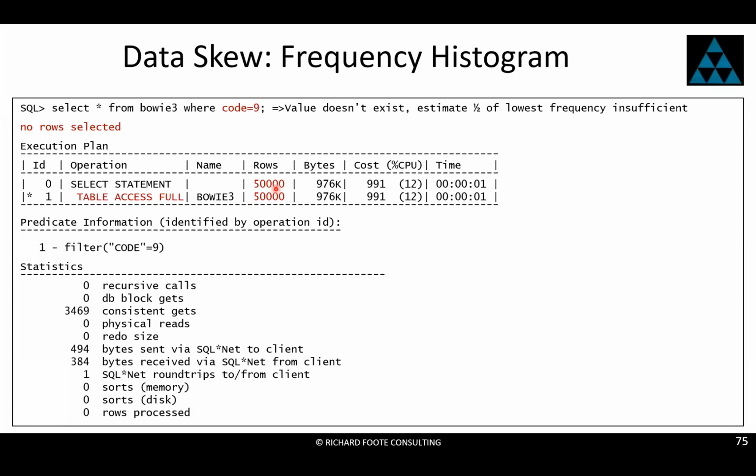Looking for a hole within my data, frequency histograms aren't doing it for me, because the default behavior of using just half the lowest estimate is still too high. And this can occur. You can have times when you're looking for values that don't exist when you collect the statistics. They can come and go during the day, but at night when you collect the stats, they're not there.